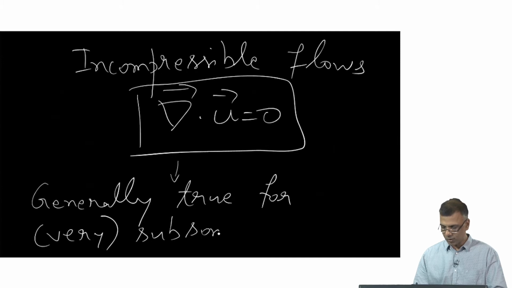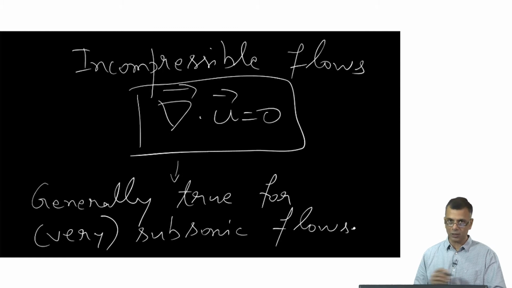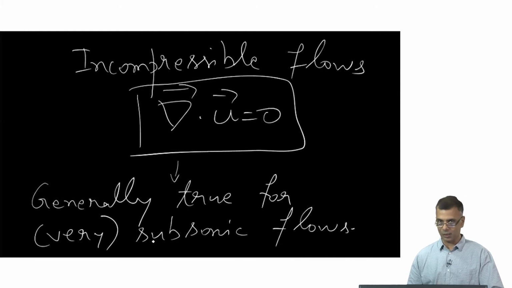Let's simply keep this in mind for now, because we have not introduced the speed of sound, we have not said what a subsonic flow is, but we'll revisit it when the time comes, right? And we also remarked that there's something called the Boussinesq approximation, which often boils down to the same as the incompressible approximation, but not always.